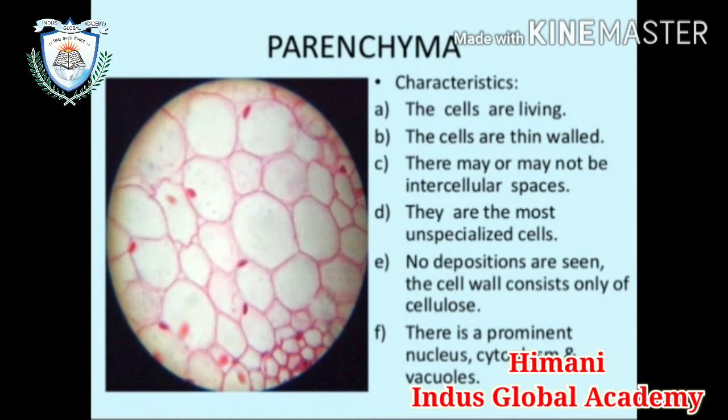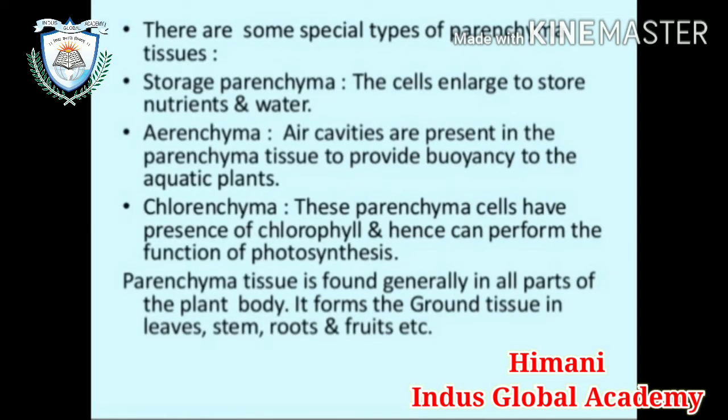Based on their specific function, the parenchyma can be further classified into three types. First is the storage parenchyma, second is the aerenchyma, third is the chlorenchyma. First is storage parenchyma.